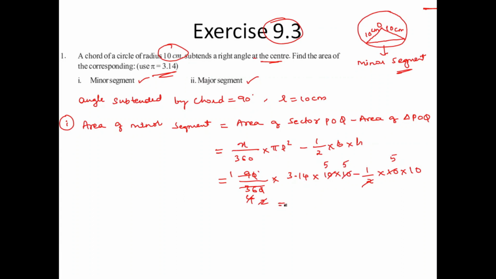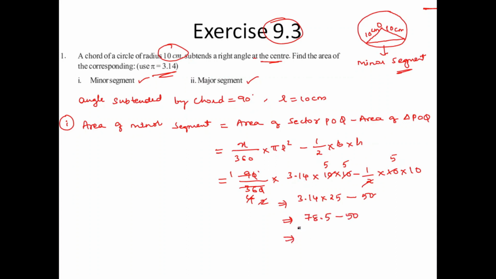At last I am left with only 3.14 into 25 minus 50. Hope this is clear. Now doing this multiplication, the result is 78.5 minus 50.